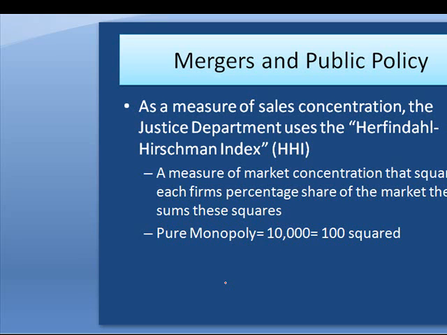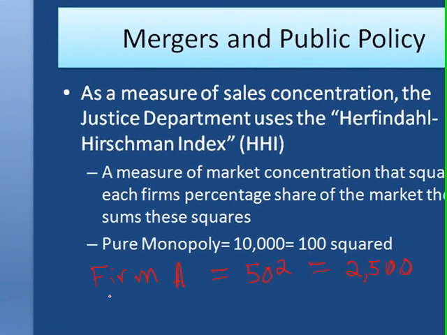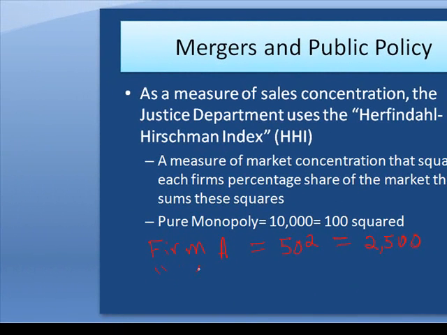So for example, let's say I've got one firm, firm A, and they have 50% of the market. I'm going to take that 50% and square it. About 2,500 there. Then we've got firm B, and they have 20% of the market.